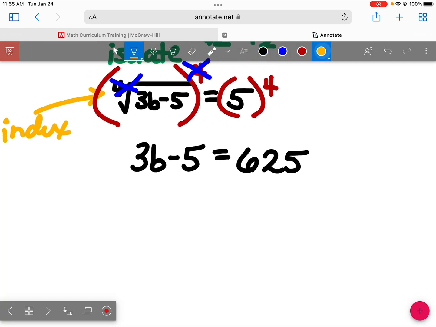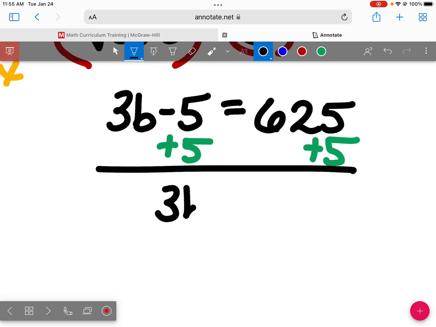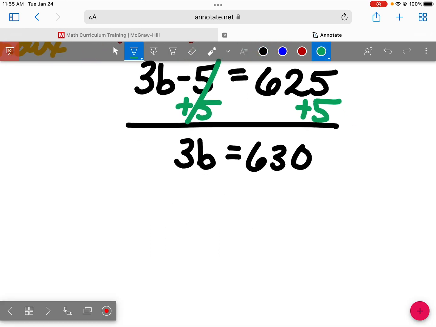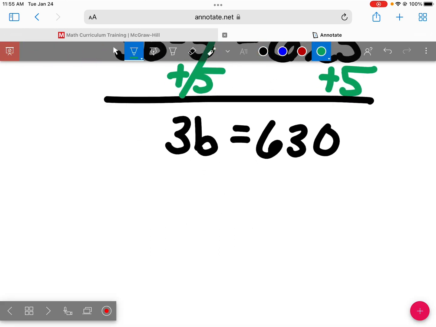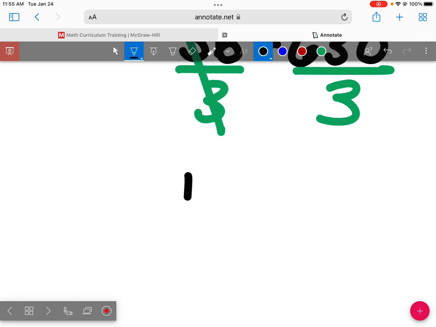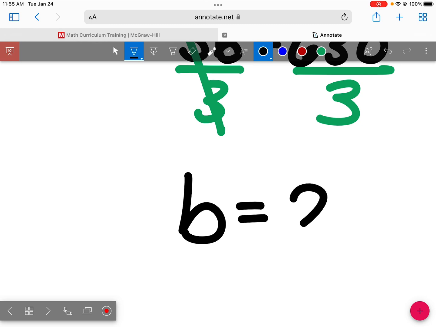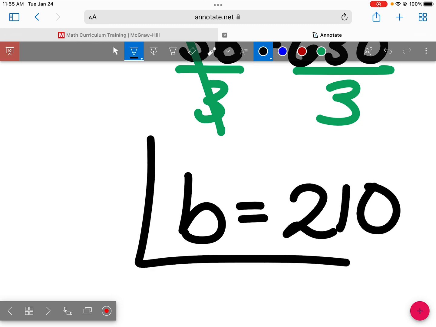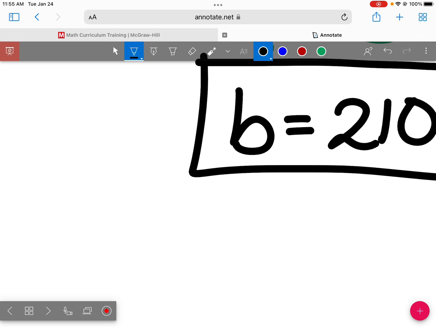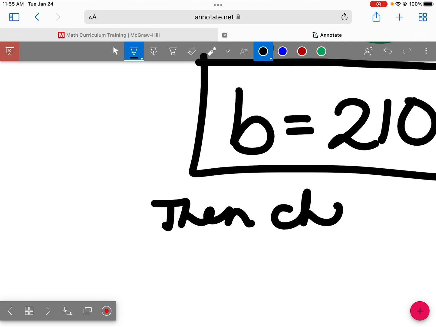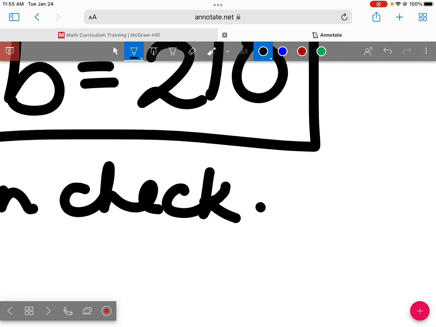Where to from here? Add 5 to both sides. So this would give me 630. And then what? Divide both sides by 3. 630 divided by 3 gives me 210. Then you want to check.